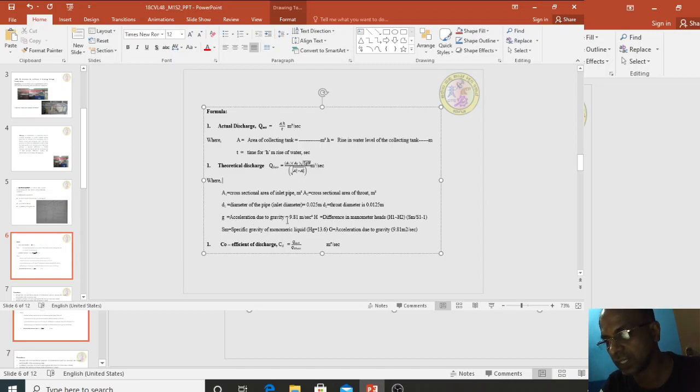And g is acceleration due to gravity. These are the laboratory values we recorded. g is acceleration due to gravity, 9.81 meter per second square, where H is the difference in the manometer head, H1 minus H2, in terms of the specific gravity of the manometer liquid. For the H1, H2 difference we are using mercury, as I said earlier.